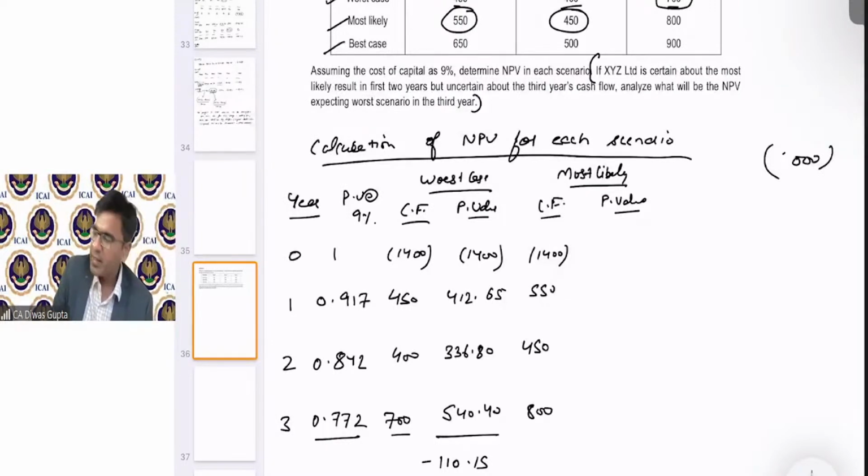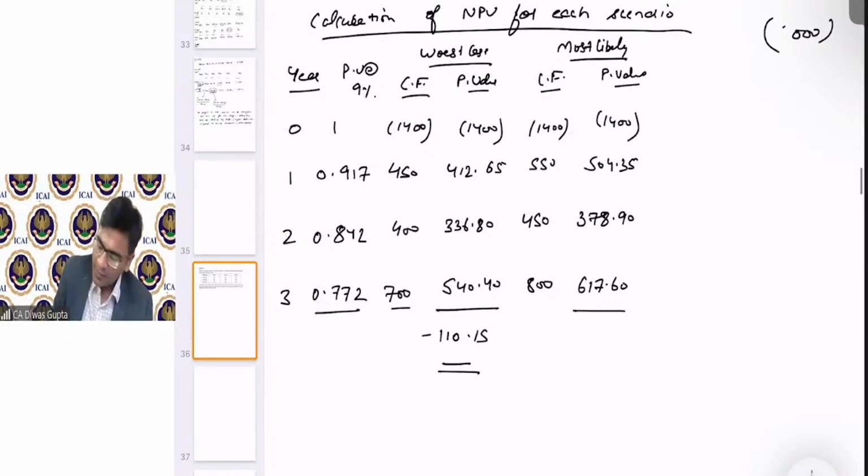Present value we'll just multiply with the factor. 1400 will be 1400, 550 becomes 504.35, 378.90. Then lastly 617.60. In totality, it becomes 100.85. So this is in most likely, if you see from the worst case, the NPV has increased. Correct, students? Then the last one is best case.